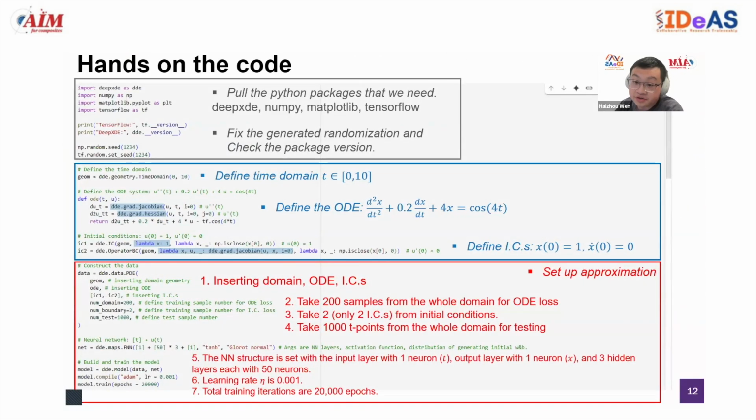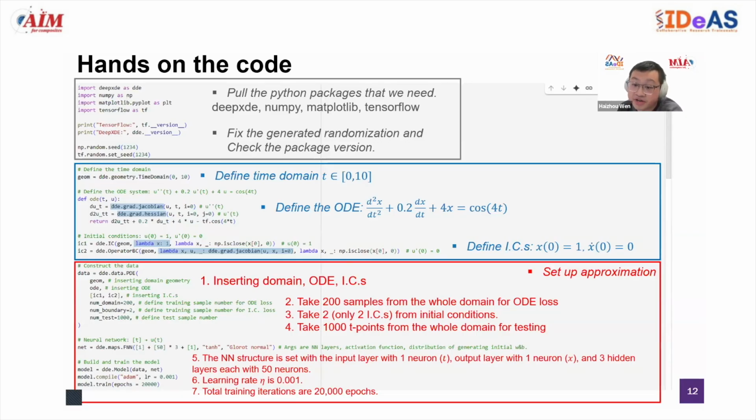The coding structure of this Python notebook is very similar to the first tutorial. The first part is to import the necessary packages that we need, fix the randomization, and check the package version alignment. Since we are solving an ODE, we need to define the ODE first. We use the geometry function to create a 1D time domain that ranges from 0 to 10.